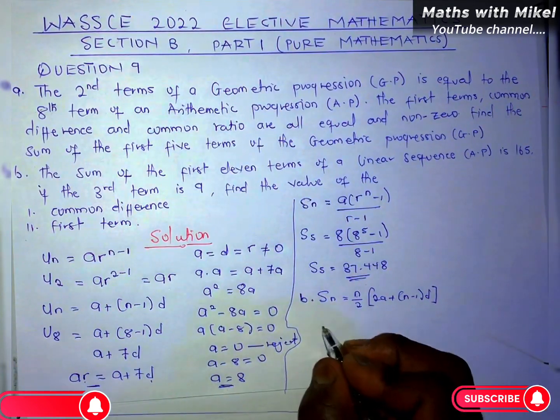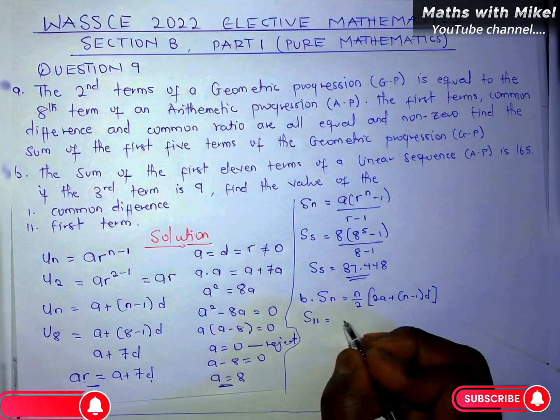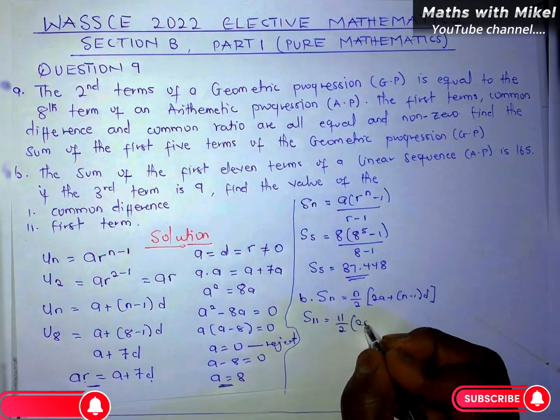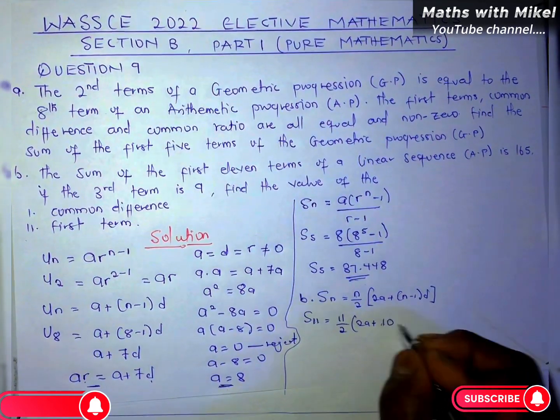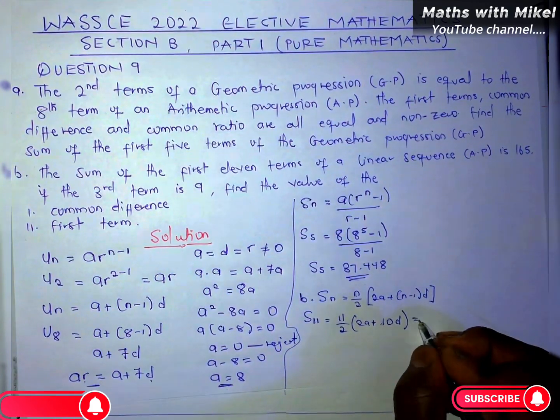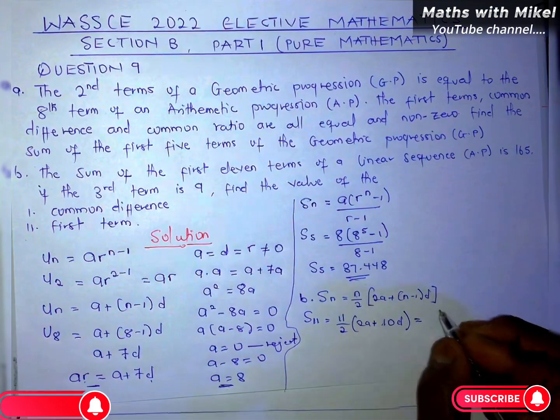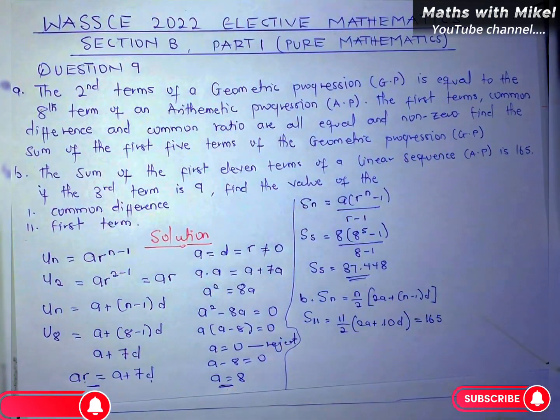So the sum of the first 11 terms, so S11 is equal to 11 over 2 into bracket 2a plus, so 11 minus 1, 10d. And this is equal to 165.